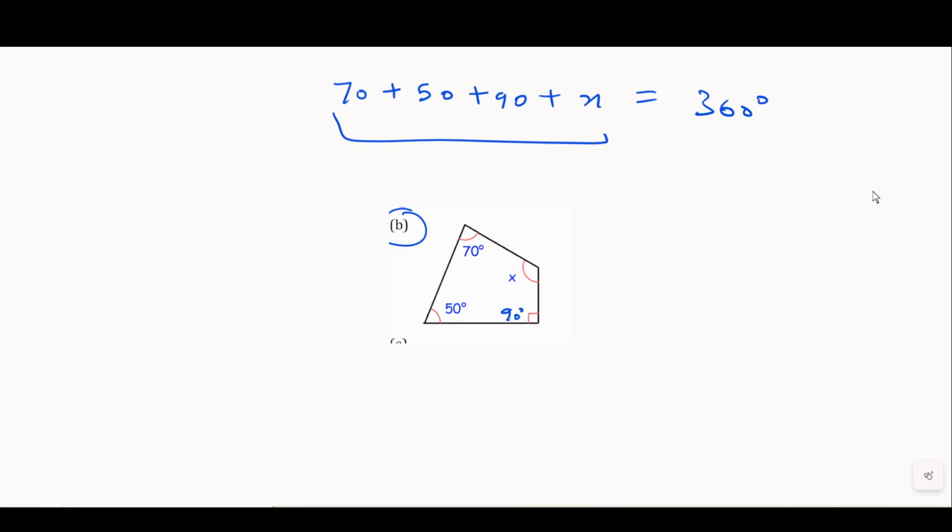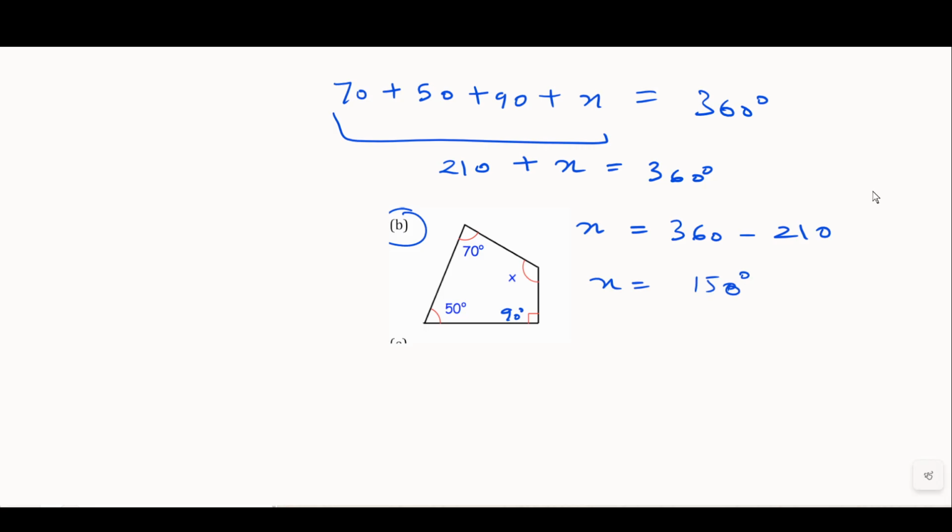If we add 70 and 50, we get 120, and 120 plus 90 is 210. So 210 plus x is equal to 360. To find x, we subtract 210 from 360, and that gives us 150 degrees, right?